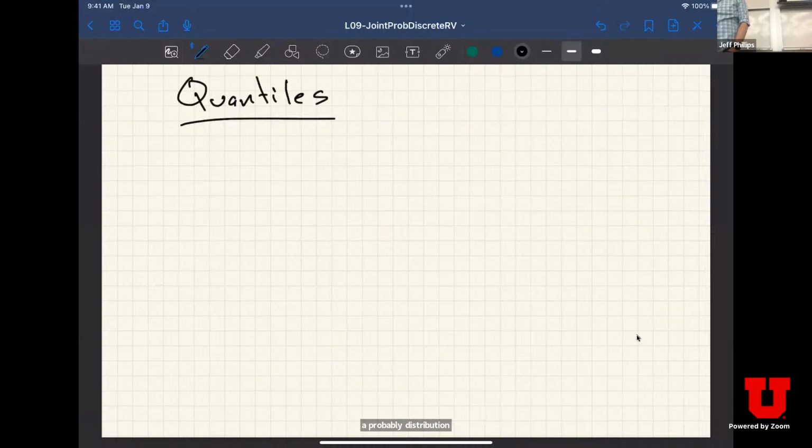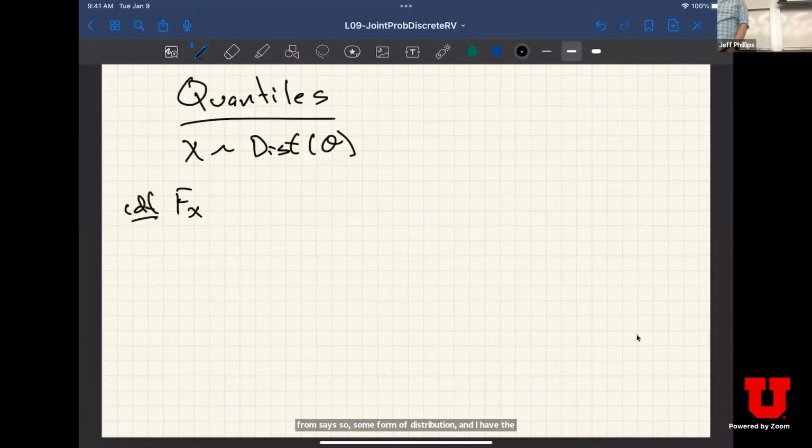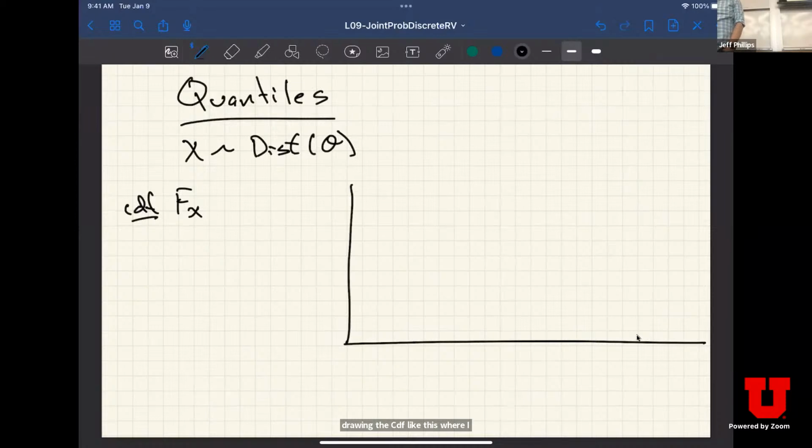If I have a random variable from some distribution, and I have the CDF of this distribution, I can think of drawing the CDF like this, with some real values, going from 0 to 1.